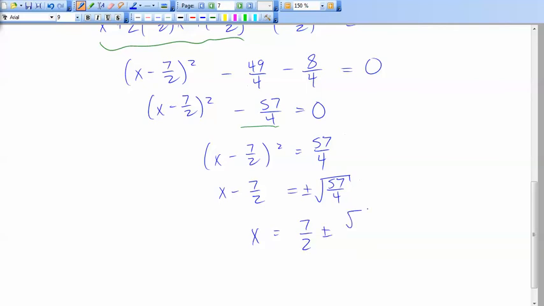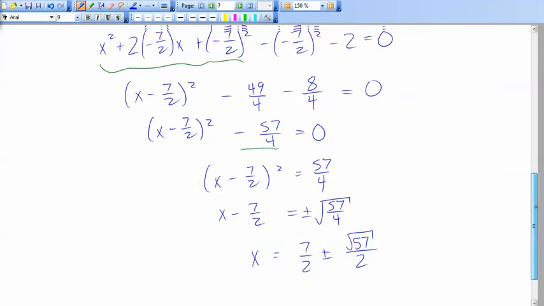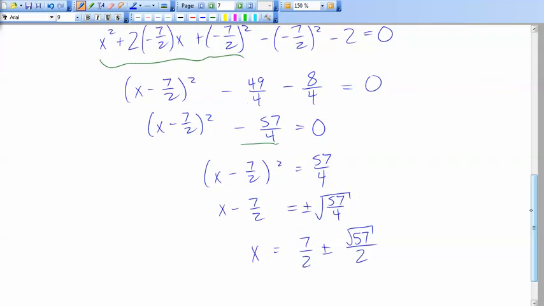And I just can't help myself. I'm going to rewrite root 57 over 4 as root 57 over the root of 4, which is 2. So there we have our completed square helping us solve a quadratic equation. Now this method will solve any quadratic equation you'd like, but notice there are a lot of steps to it. So we have quite a bit of work to do. It takes a fair bit of time.